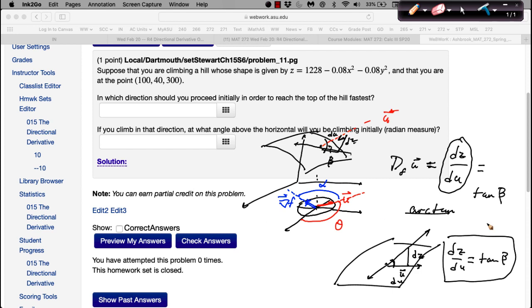In terms of a right triangle, that's opposite over adjacent, the tangent of that angle. So this is the angle beta. Okay, so it's between the unit vector and a tangent along the direction of the unit vector, tangent to the surface. Okay, so it's the inclination of the surface.